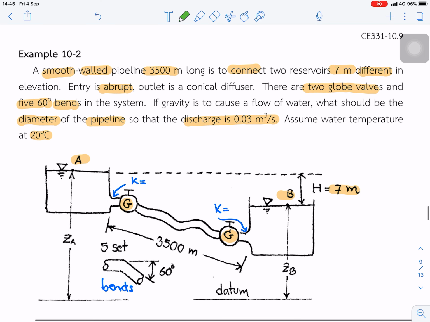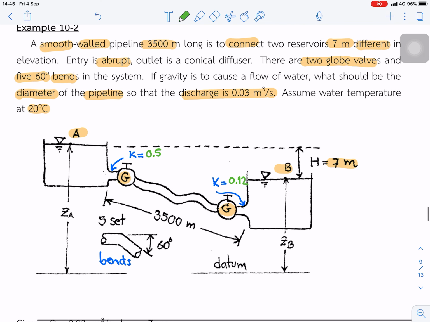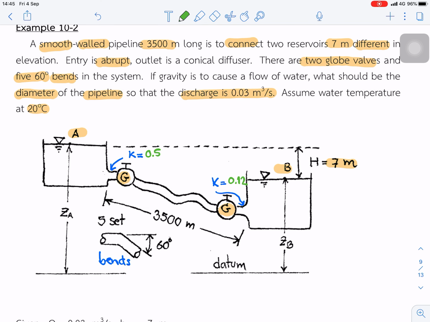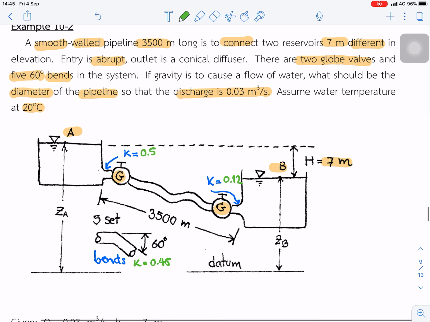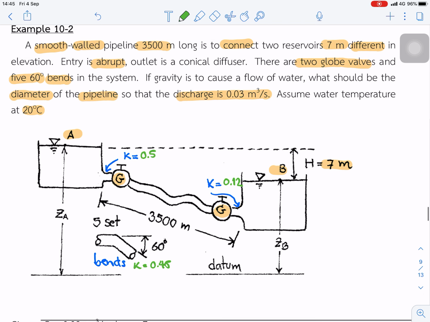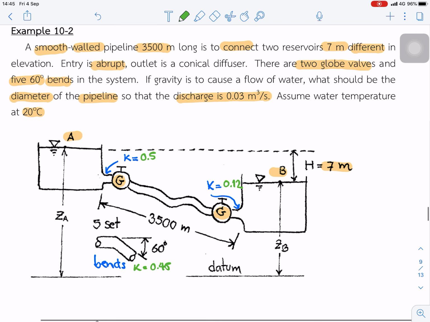Okay, so that's when we use K is 0.5. This K is for the globe valve. How much for a globe valve? 1.